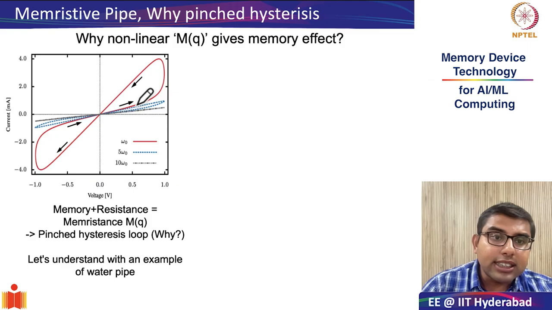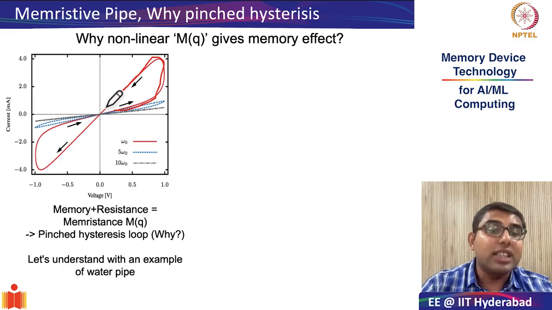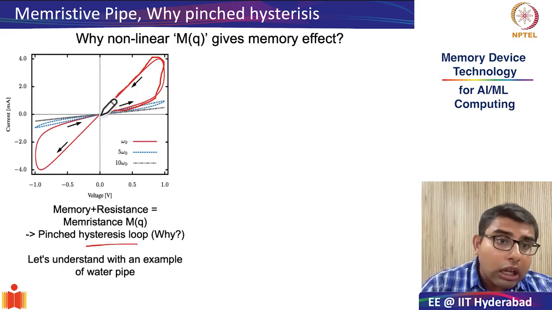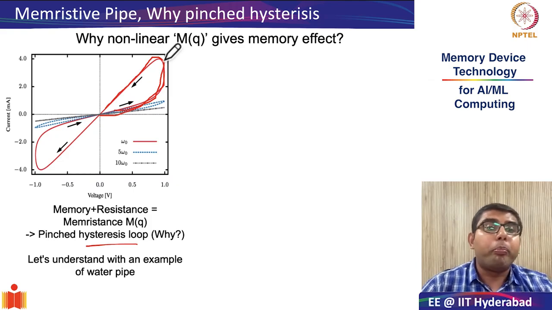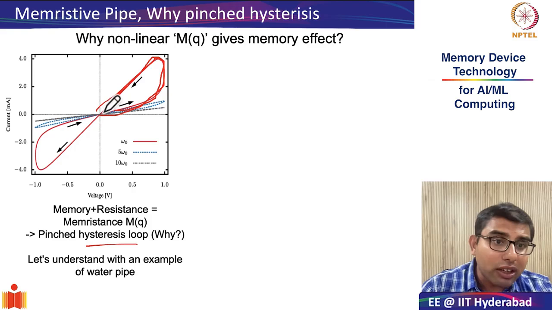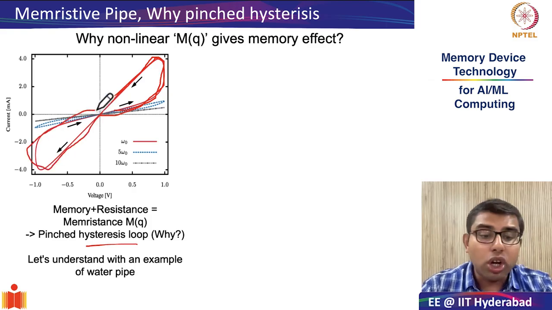You see, this is the path that is being followed. On the return, it is not following the same path. This is the meaning of hysteresis. And you see that it follows the same thing whether you apply positive voltage or negative voltage. So you see a hysteresis in the positive voltage also, and in the negative voltage also.